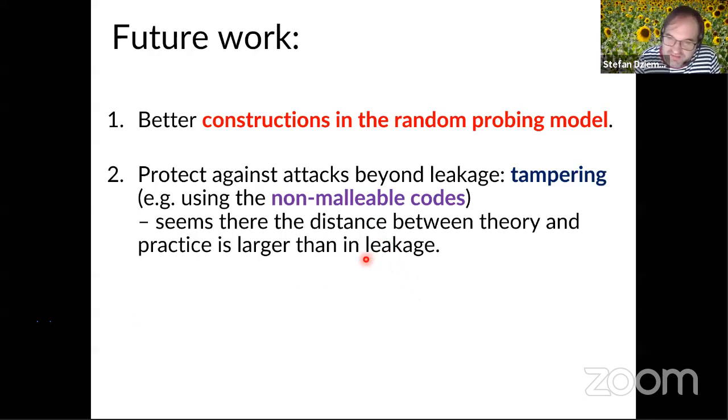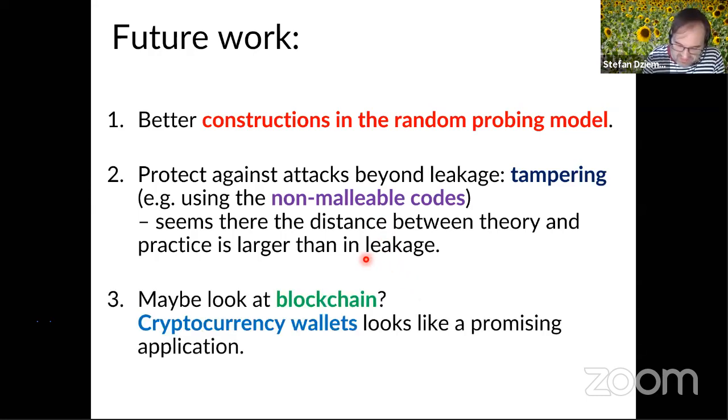And finally, one area that may be interesting, although it may sound a little bit like we are following the latest fashion, is to look at the interaction with the blockchain, because there are some specific things about the blockchain that make it interesting. In particular, what I mean is studying something called hardware wallets, cryptocurrency wallets.